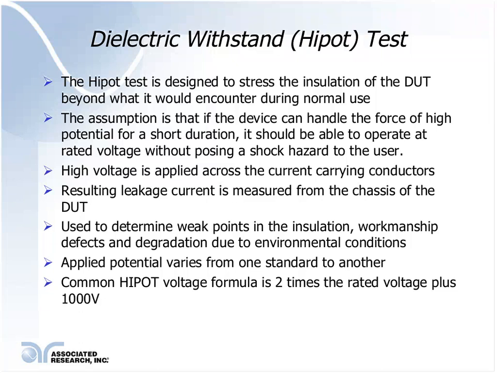A Hipot test is a very versatile electrical safety test. That is because not only is this test designed to find the weak points in the insulation, it can also be used to measure excessively high leakage current, workmanship defects such as pinholes and scrapes, improper spacing with respect to a grounding point, and degradation due to environmental conditions.